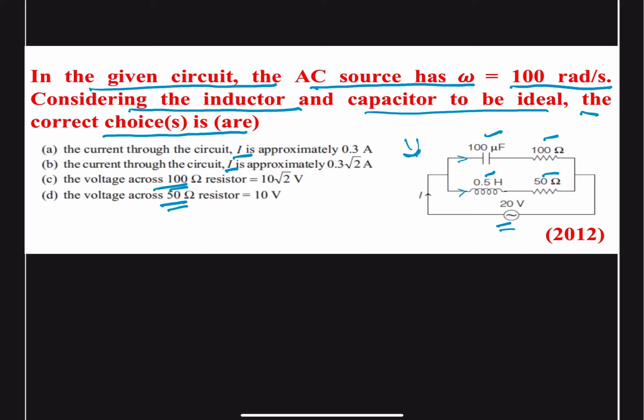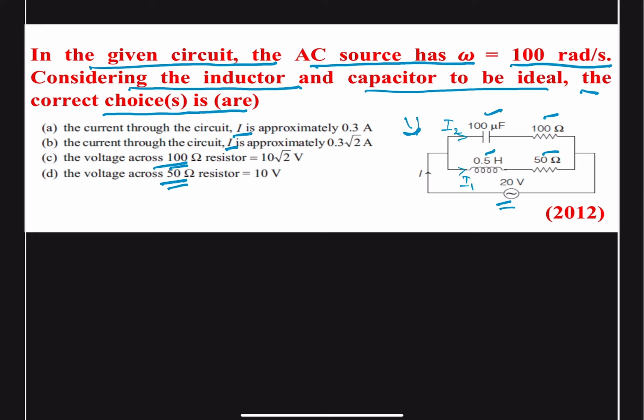So let us consider that current I1 is flowing through one arm which is having 50 ohm resistance, or we can say inductor, and current I2 is flowing through the other arm.